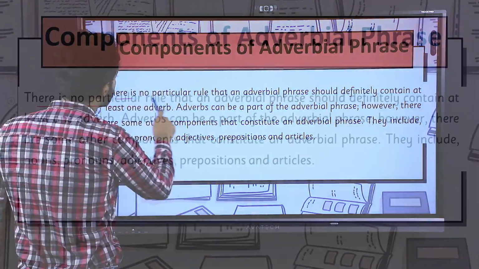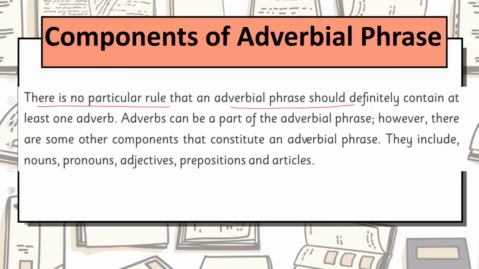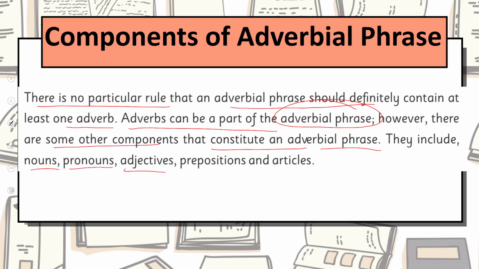So there is no particular rule that an adverbial phrase should definitely contain at least one adverb. Adverbs can be a part of the adverbial phrase. However, there are some components that constitute an adverbial phrase. They include nouns, pronouns, adjectives, prepositions, and articles. Now, these are the components.